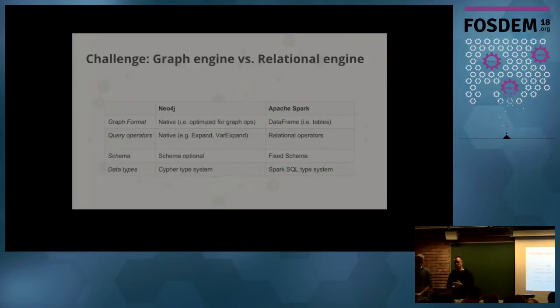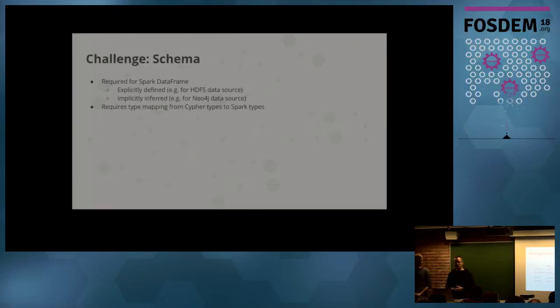So we have some constraints on the schema, but even for the same label for a node, you can have a different kind of schema, so different kind of properties. On the Spark side, this is all fixed. And then, of course, there's the type system. We have the Cypher type system, and on the other hand, the Spark SQL type system, which are not compatible by default, so those also have to be mapped.